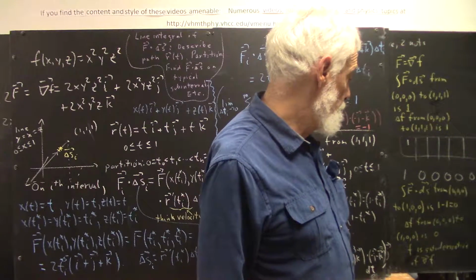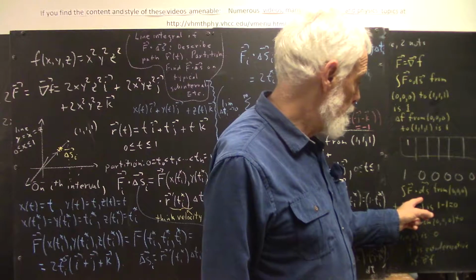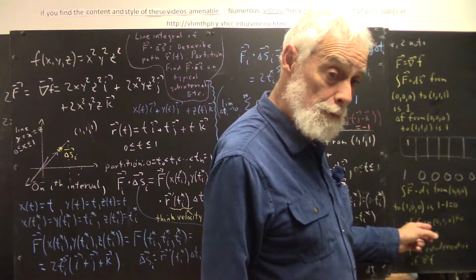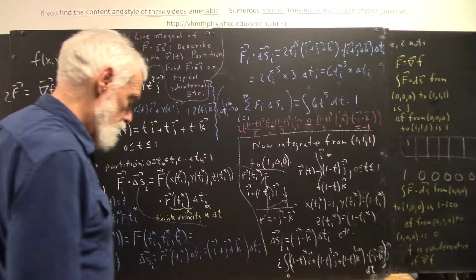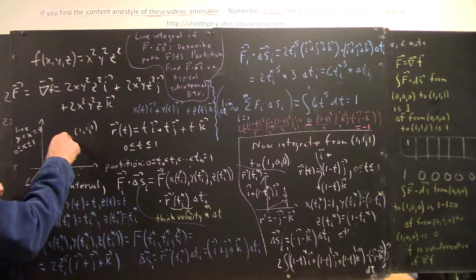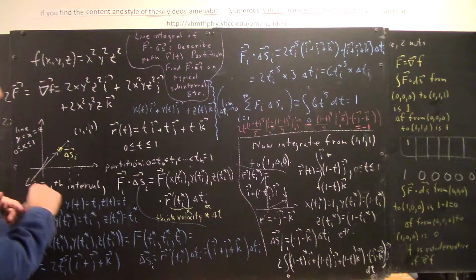Okay, then the line integral of F dot ds from (0,0,0) to (1,0,0), and that's the line integral along the broken line path from the origin to the (1,1,1) point and then back to the (1,0,0) point.